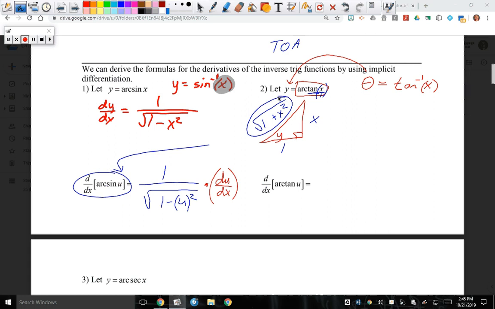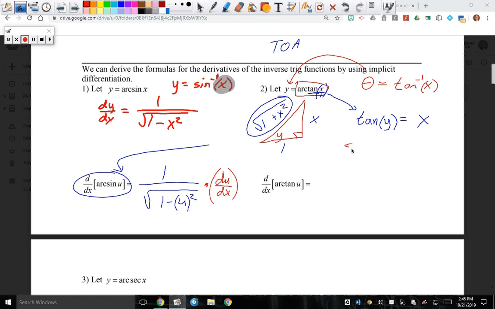Okay? From here, I'm going to use derivatives, and I'm going to take the tangent of both sides so that I have this left over, because remember, arctangent and tangent cancel. So now I have tangent of y is equal to x, and here is where I would differentiate. Anyone, what's the derivative of tangent?